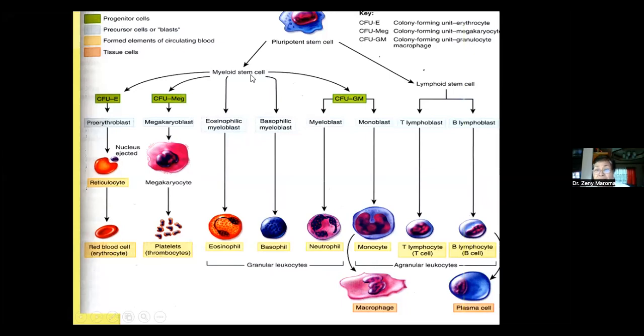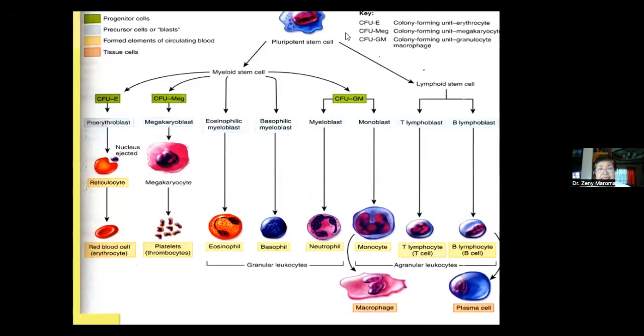Also, myeloid stem cell will give rise to eosinophilic myeloblast na magiging eosinophils. Basophilic myeloblast na magiging basophils. And that of myeloblasts will become neutrophils and monocytes.